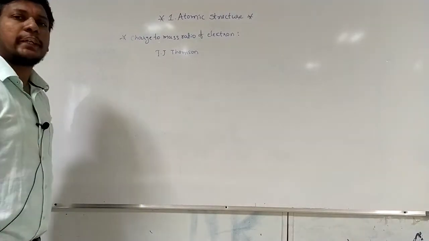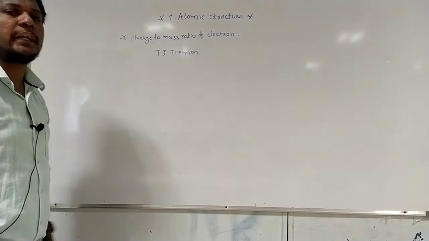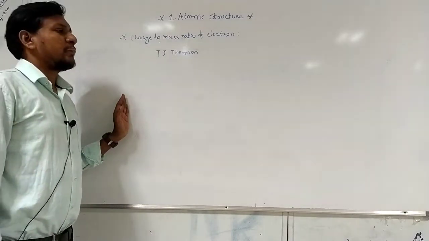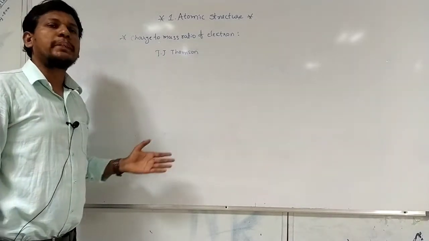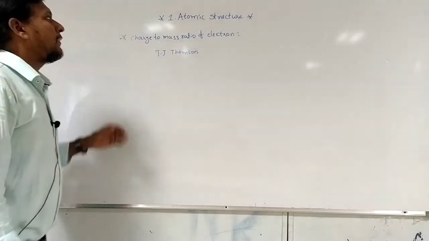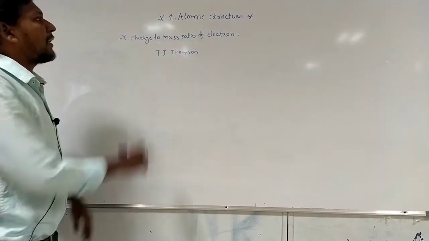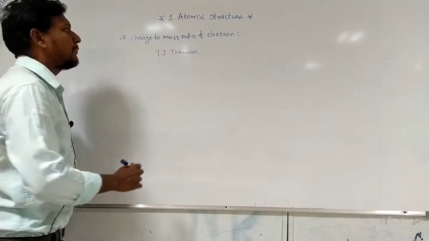The experiment is carried out, but how it is carried out and the explanation of the experiment are no need to us. The final value of the charge to mass ratio of the electron is the important one.